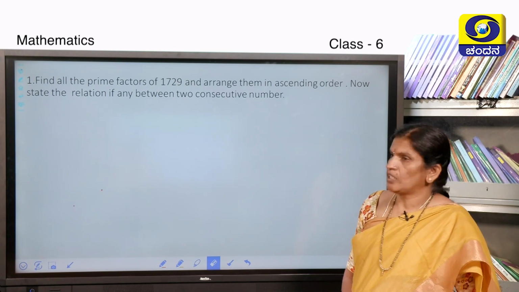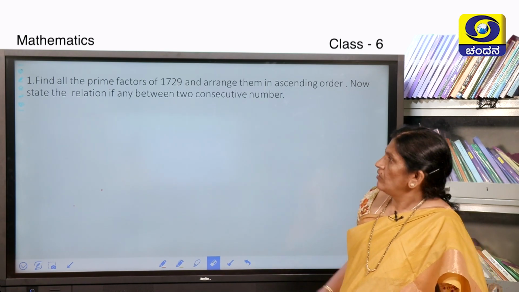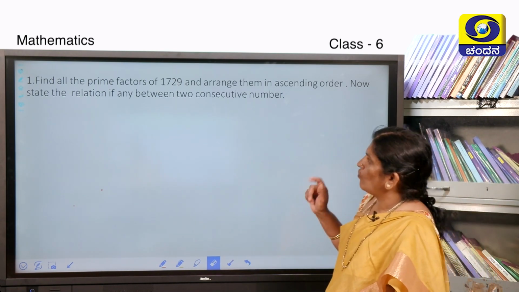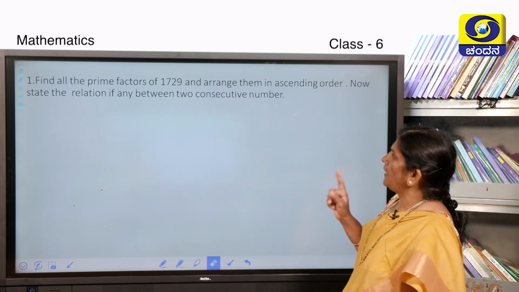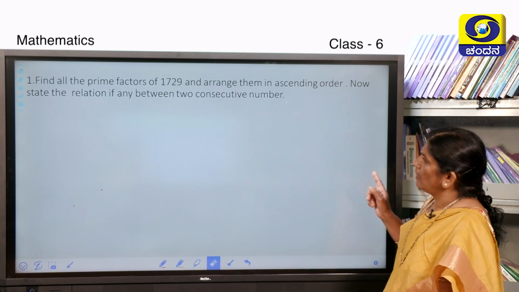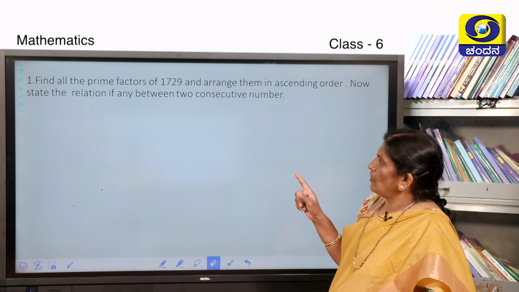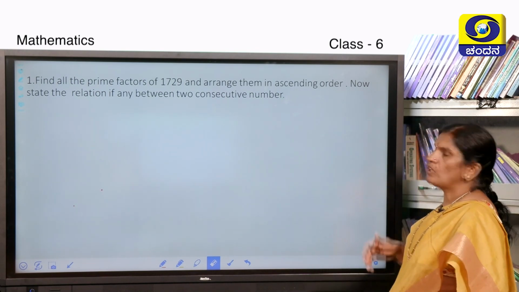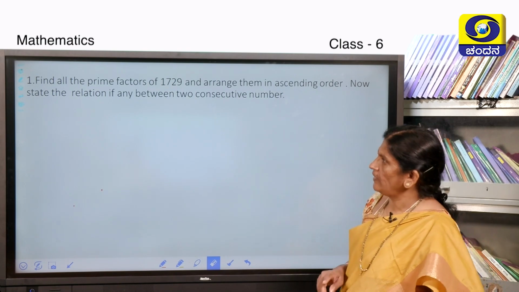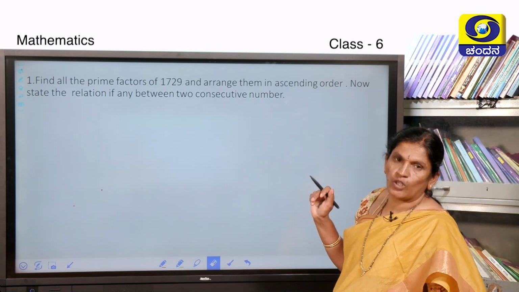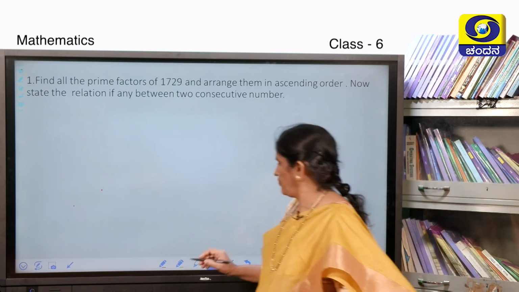Now, come to word problems. Find all the prime factors of 1729 and arrange them in ascending order. Now, state the relation if any between two consecutive numbers. First, let us find prime factors of 1729.